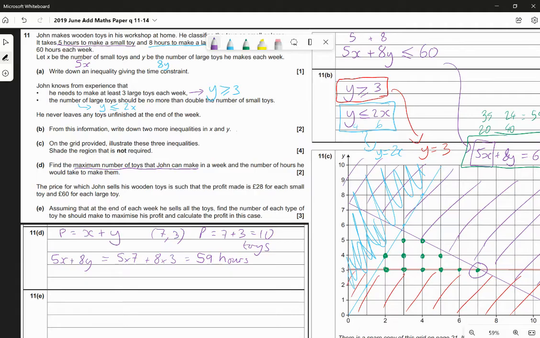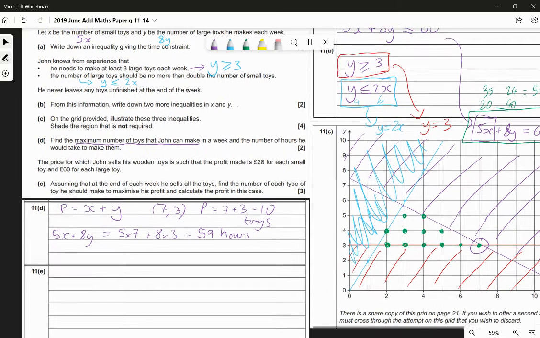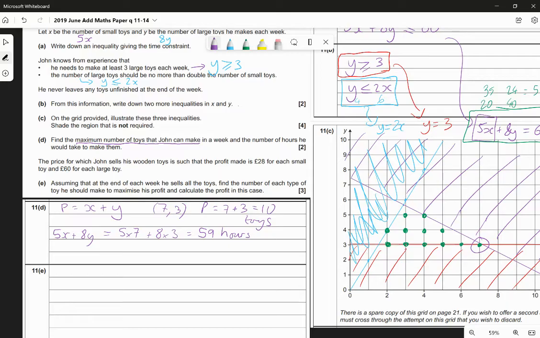Now, the next part, 3 marks for part E. The price for which John sells his wooden toys is such that the profit made is £28 for every small toy and £60 for every large toy. So if he sells 2 small toys, that will be 2 28s or £56 profit.